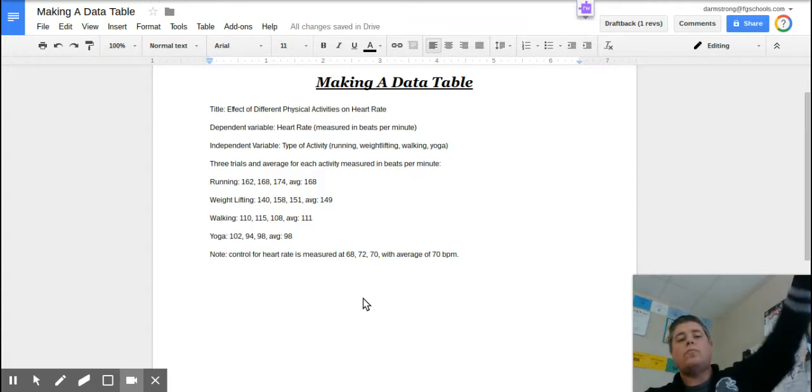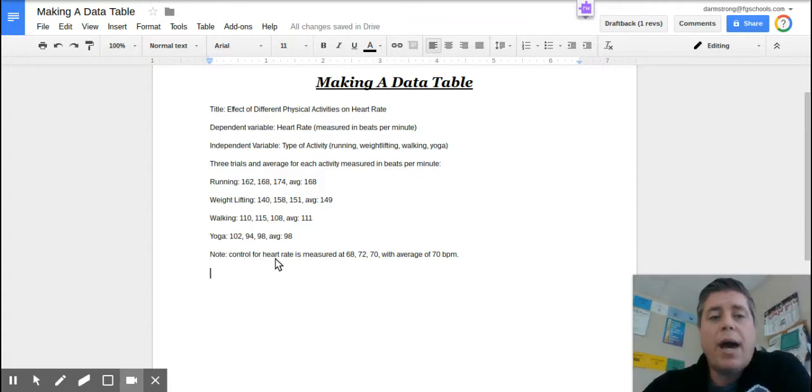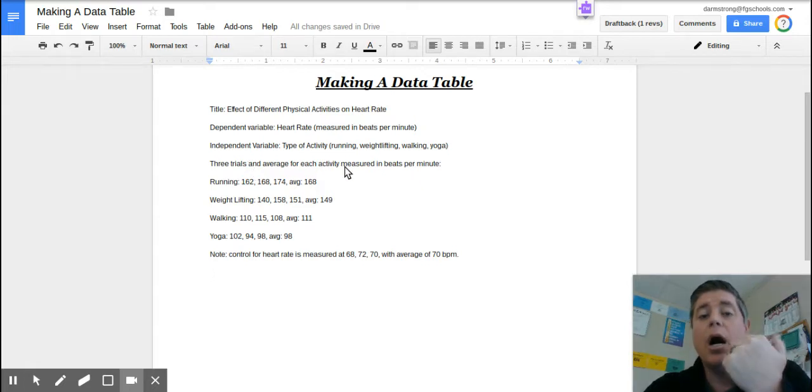So what I'm going to do here is I'm going to look at how many rows I'm going to need, and I'm going to look at how many columns. So if you look at the information I have, I need a row for my title. All right. I need a row for my variables. A lot of people tend to leave that out. So it's important that you identify the variables. Then I have three trials and the average.